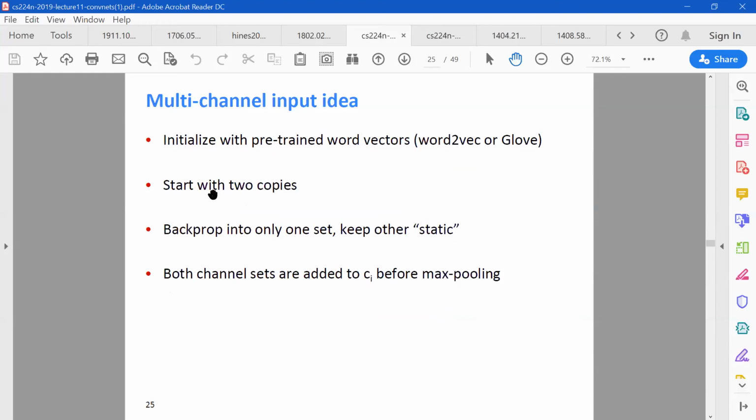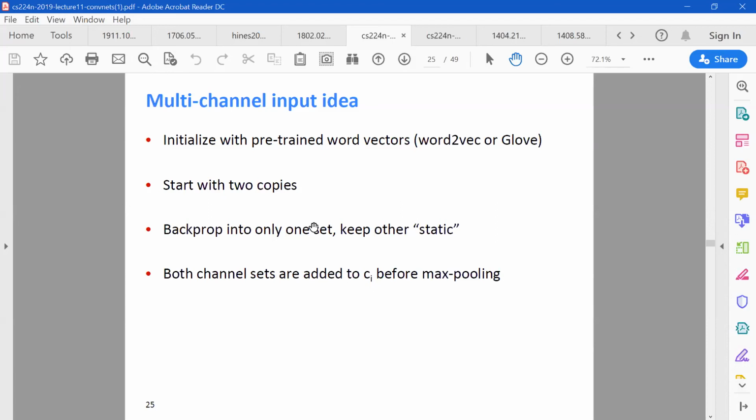And some other weird thing in this paper, and this is the Kim paper, I think. He starts with 2 copies of the input, and he initializes with pre-trained word vectors. One copy he keeps static, and the other copy he lets backpropagation change the word vectors.